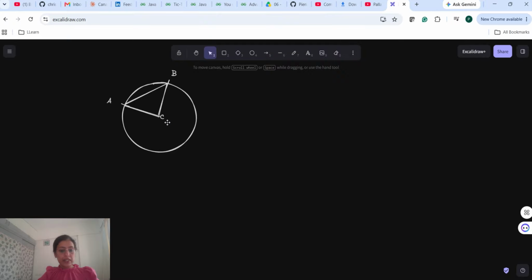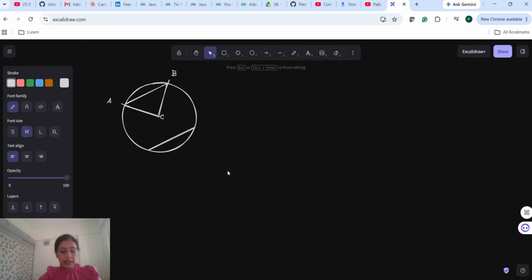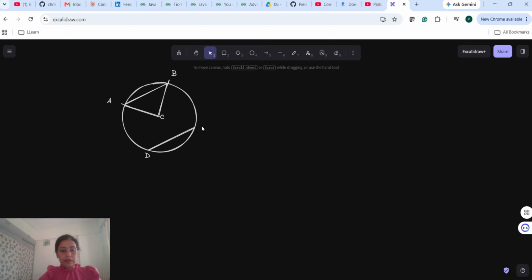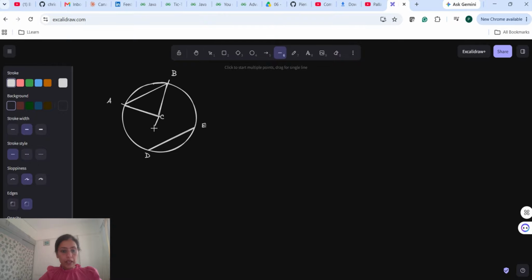Center of the circle was C. So I joined A and B to the center of the circle, which is C. Now I'll make another chord of the same length as AB, and let us call it DE. I'll do the same as what I did for AB: I'll join the 2 ends of the chord to the center of the circle.